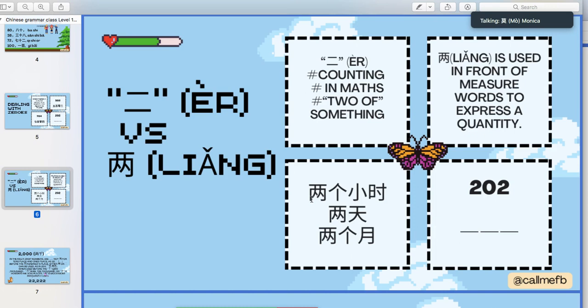So that's 2 hours. We no longer say R, we go with Liang 个小时. Good. 2 days? 2天. Yes, very good. And More, do you want to try 2 months? 2个月. Yes, very true, nice. Good.